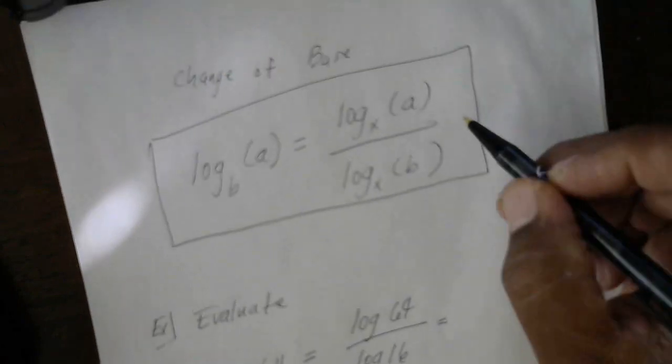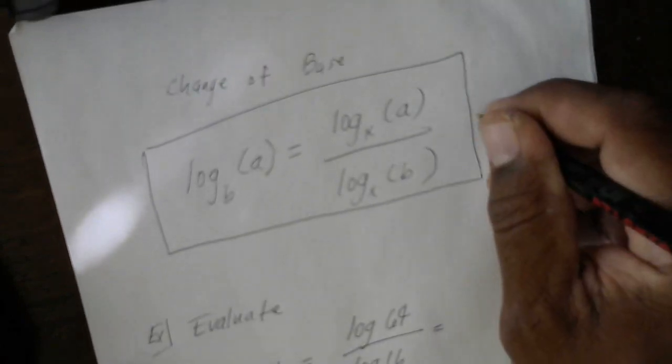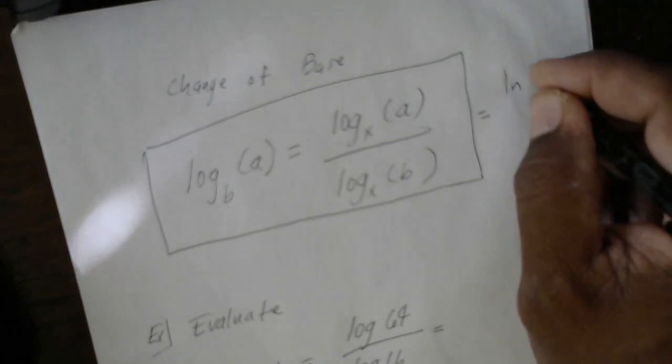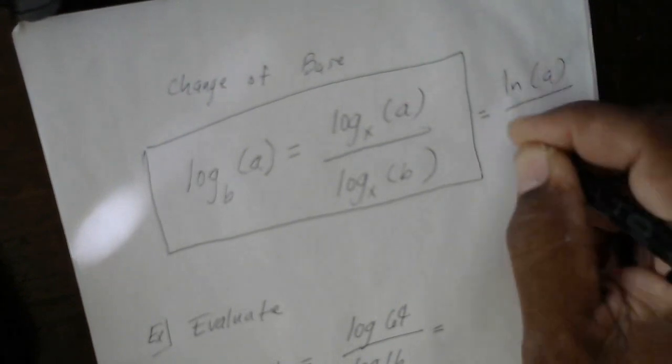And you may also see the same formula written like this. You may see ln A divided by ln B.